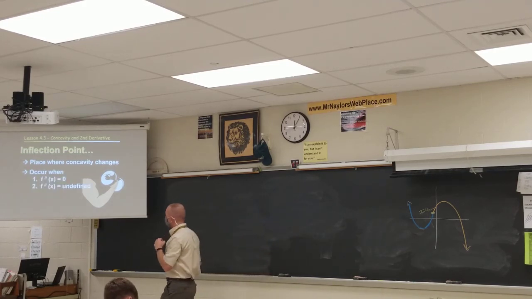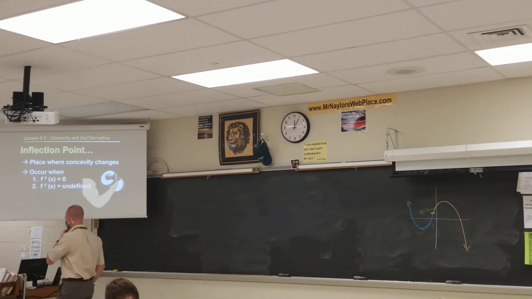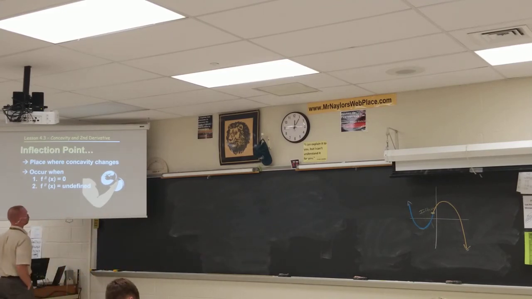In fact, that's what this other statement is. It's when f double prime is equal to 0. It's when f double prime is undefined. As you're going to find out in a moment, it's everything that we already did. You're just going to do it with f double prime.